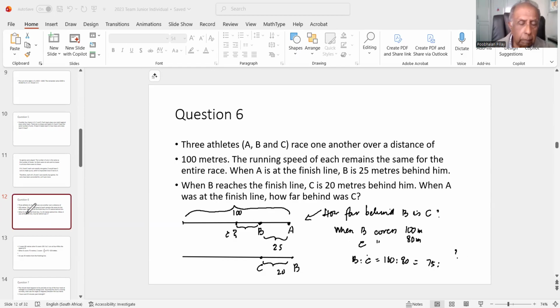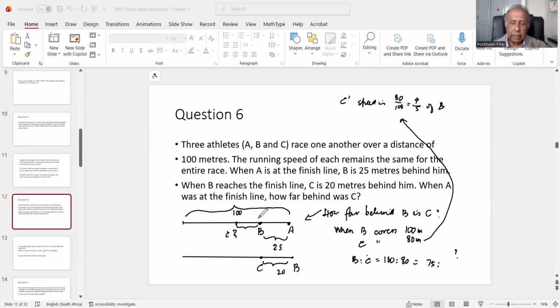Sorry. When B covers 100, C covers 80. Now that's correct. So C's speed is 4/5 of B. Let's look at it that way. C's speed is 80 over 100, which is 4/5 of B.